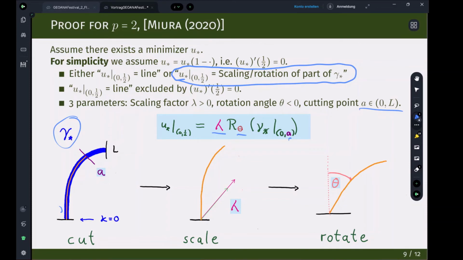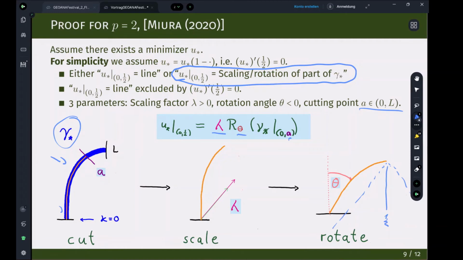And how do I get a minimizer with those three parameters? Well, first I have to take gamma star. So this is gamma star, and I have the blue curve, and I cut an orange part out of it. Then I need to scale it, and then I need to rotate it in such a way that I exactly hit the obstacle at this point 1/2 here. So if this is 1/2, I need to hit the obstacle there.